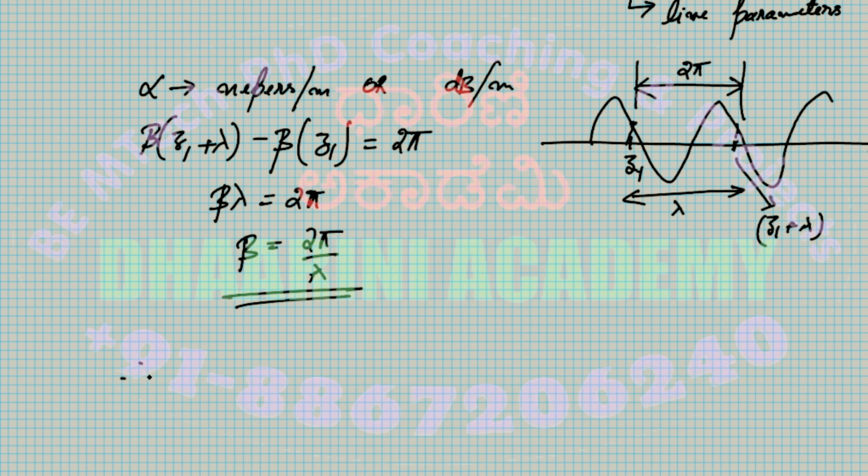Therefore, I'll write a final expression for the voltage, that is V of Z, at any point. Now you see, I slightly modify. I'll write a Vs here.